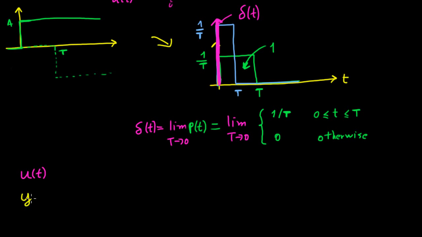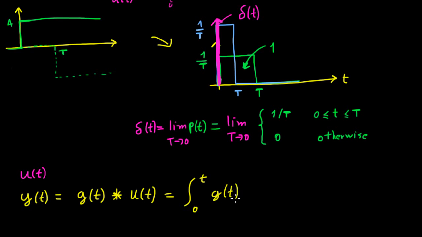So the output y of t is given by the convolution of g of t, and remember, convolution is an asterisk, the new input, which is, if you remember the definition of the convolution, the integral from 0 to t of g of t, the impulse response, times u of t minus tau d tau.